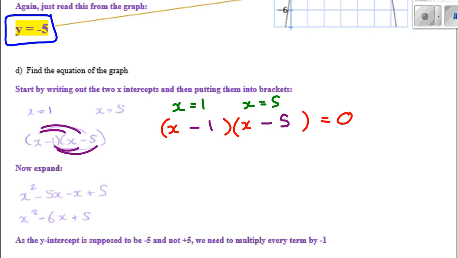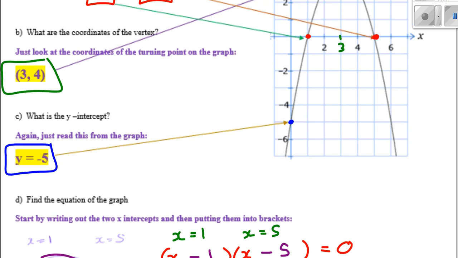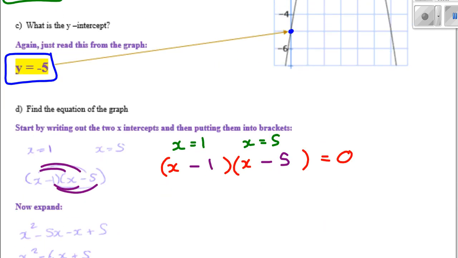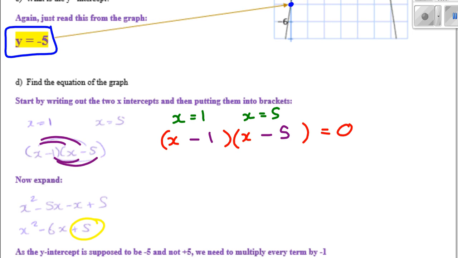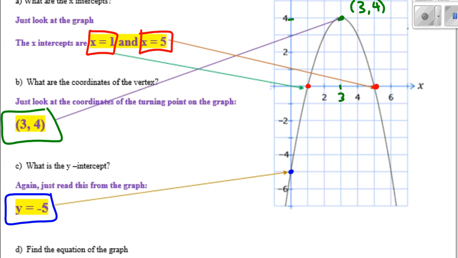I thought these little ones that I circled before were the final answer. But if you look at the graph, according to the expanded version I've got here, the y-intercept would be +5, but on our graph, the y-intercept is -5. So use that as a double check.